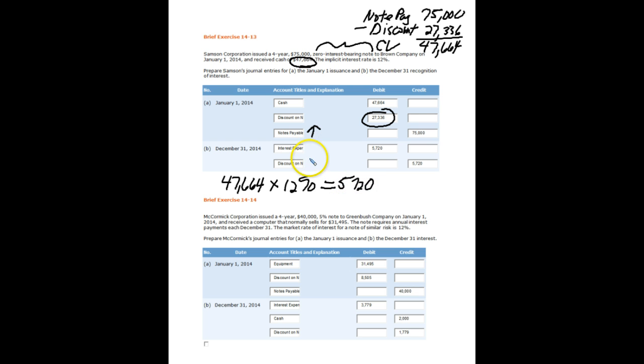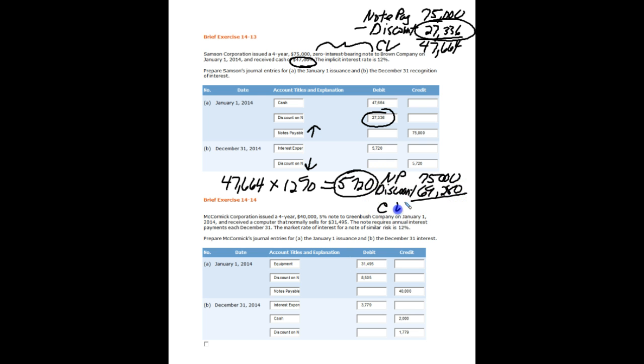And so we record interest expense and reduce the discount. So after this is finished, we would have notes payable again, $75,000 on the balance sheet, but the discount would have gone from $27,336, and we would have reduced it by the $5,720 for a new balance of $69,280.